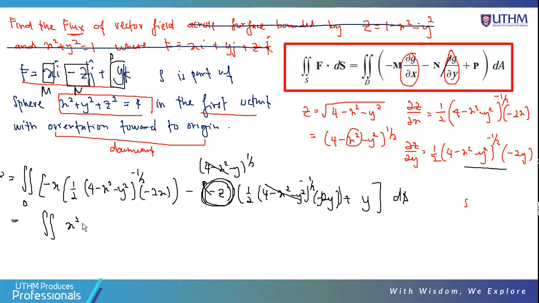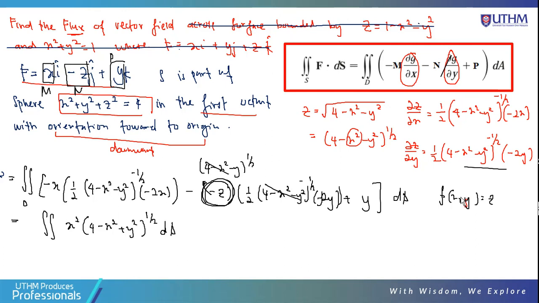x square, 4 minus x square plus y square, okay, 1/2 dA. So this one I have simplified, you will get this answer. So for dA, its projection on the sphere, when you use this z in the function of x, y, z, the projection is in the xy plane.